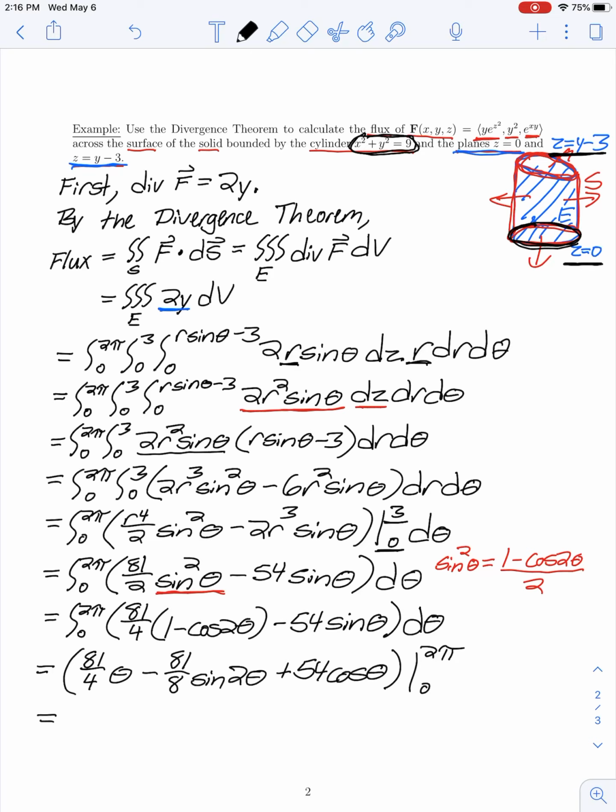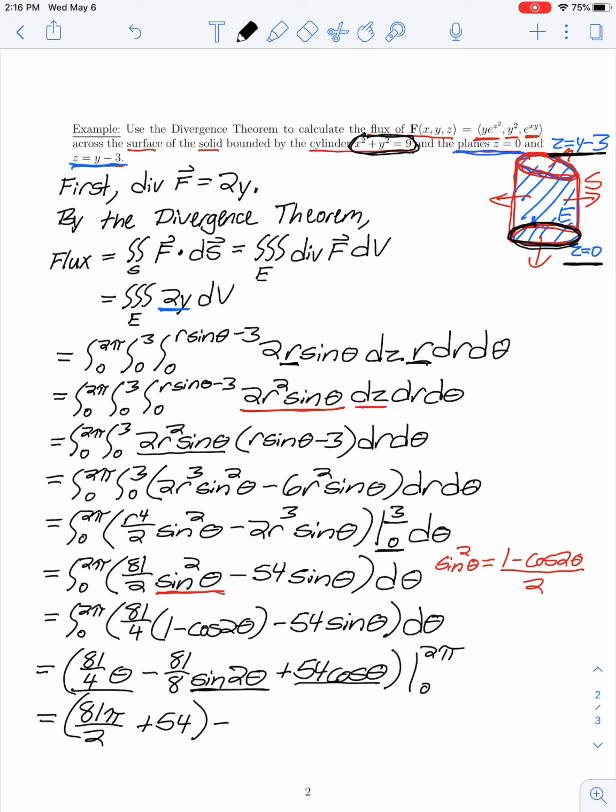So plugging in 2 pi for theta, we have 81 pi over 2. Plugging in 2 pi for theta here, we have sine of 4 pi, which is 0, and then plus 54 times cosine of 2 pi, which would be plus 54. And then we subtract what we get when we plug in 0 for theta.